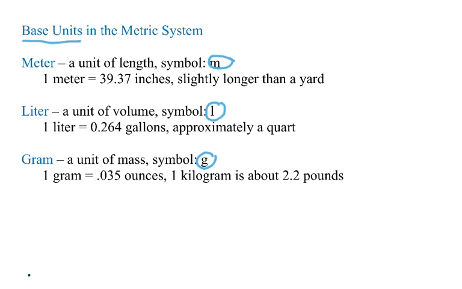So for many purposes, we talk instead about the kilogram, which we will explain in a minute. But a kilogram is about 2.2 pounds. So if you hang on to the idea that a meter is about a yard, a liter is about a quart, and a kilogram is about 2.2 pounds, you're well on your way to understanding the metric system.